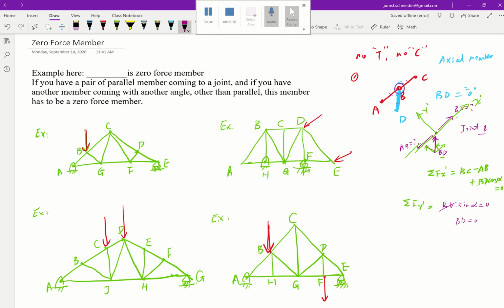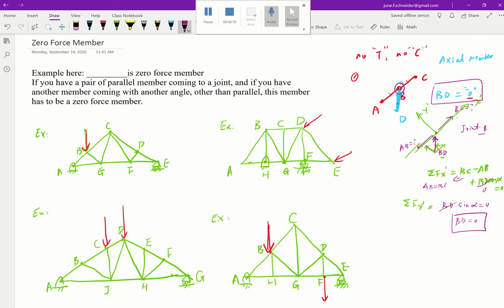If BD equals 0, bring it up to the X prime equation, and AB equals BC, but that's not the point. The point here is that BD has to be the zero force member.